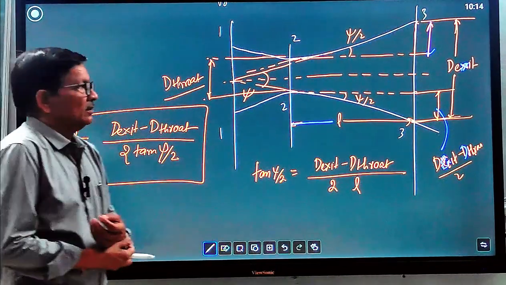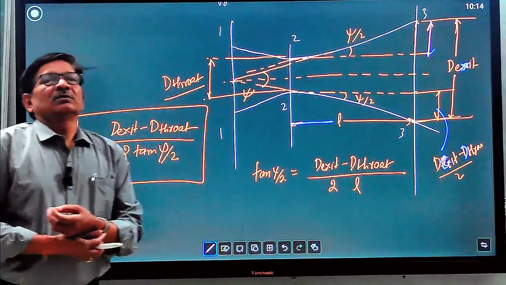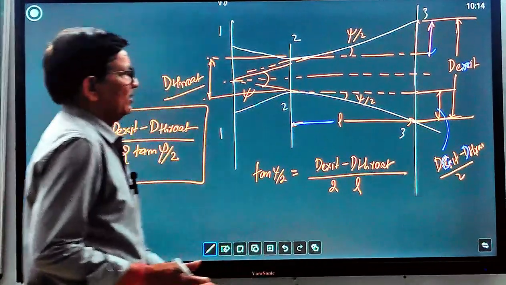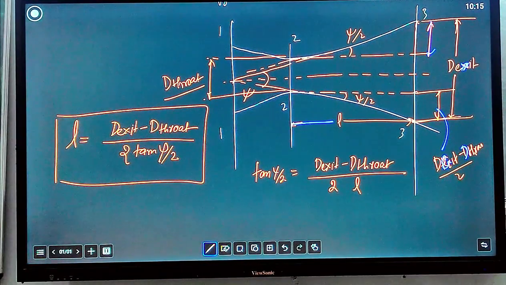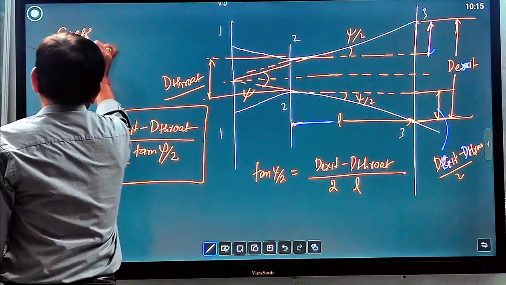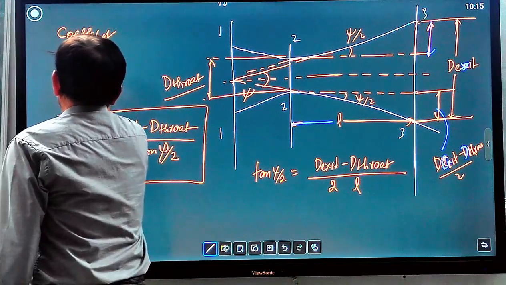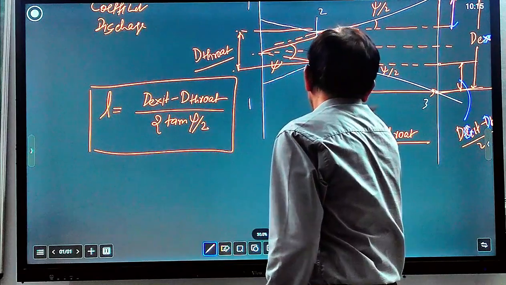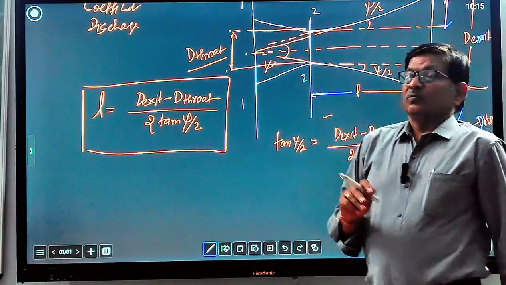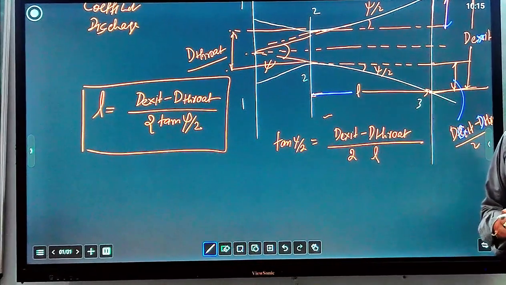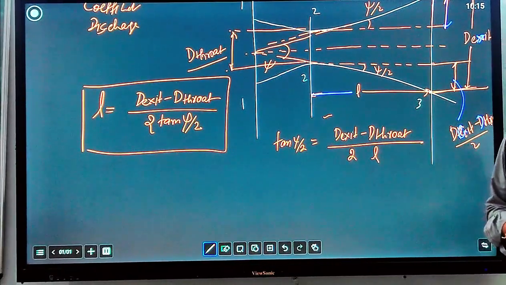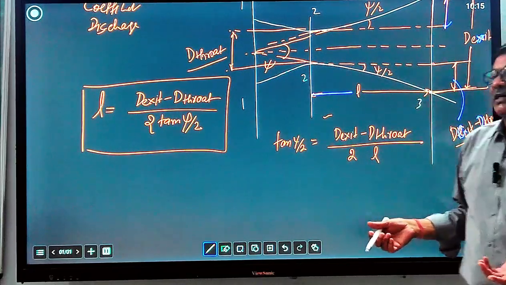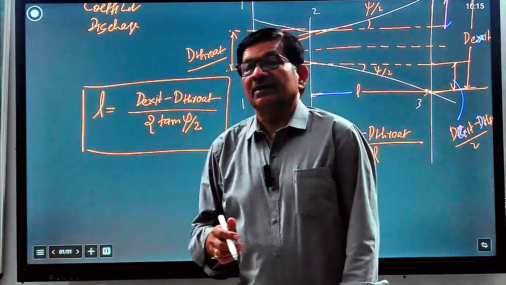And next we will discuss flow and maximum discharge through a nozzle. One thing still remains to define: what is the coefficient of discharge? We know that due to frictional losses occurring in the convergent divergent part, the actual discharge is less than the isentropic discharge.